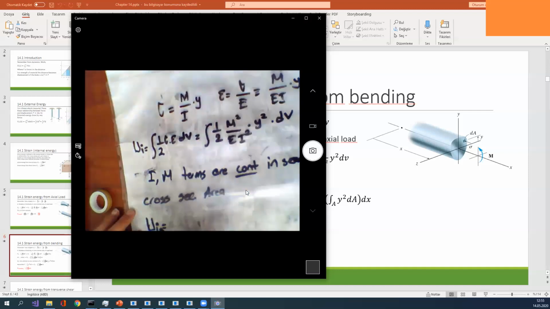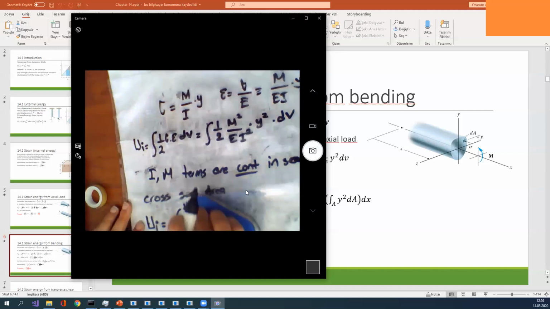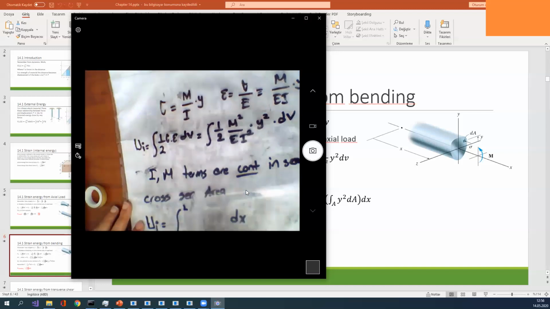The first term is from 0 to L dx, the length change. Also, I want to divide into area integration. If this term is constant, I can move these terms out of integration: 1 over 2 M square E I square.